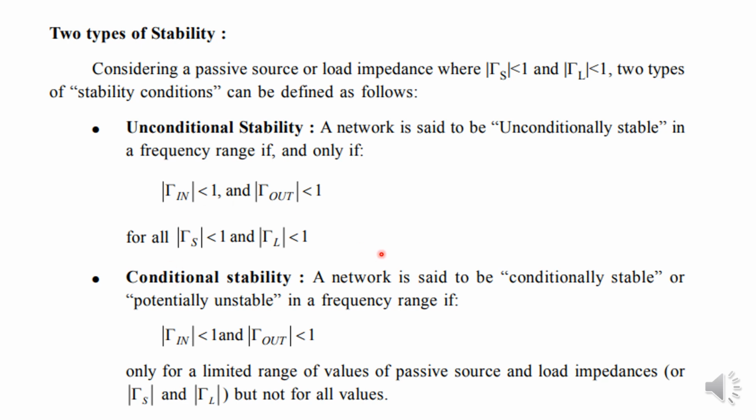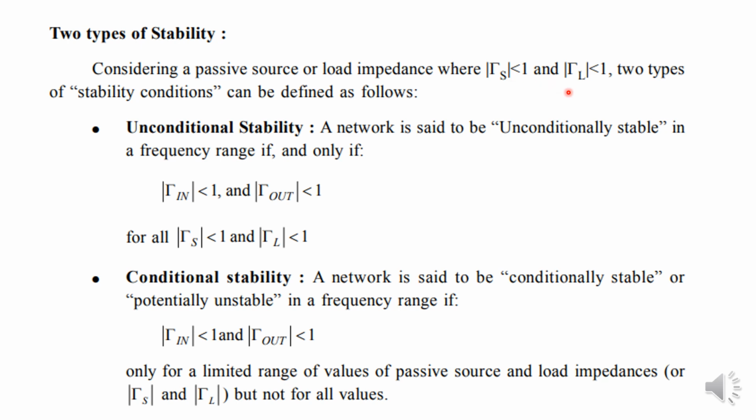There are two types of stability. One is unconditional stability, the other is conditional stability, which is again based upon the tau S and tau L values. By considering a passive source or a load impedance, we can consider tau S less than 1 as well as tau L less than 1.